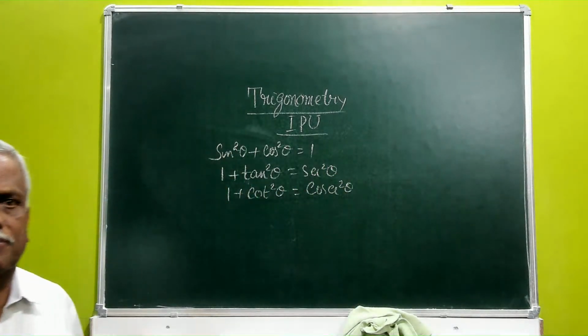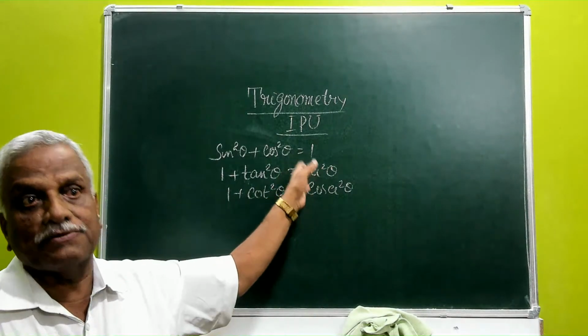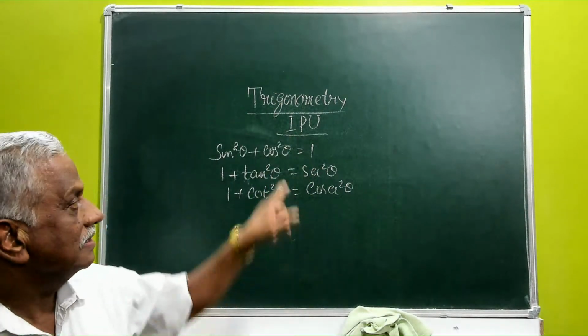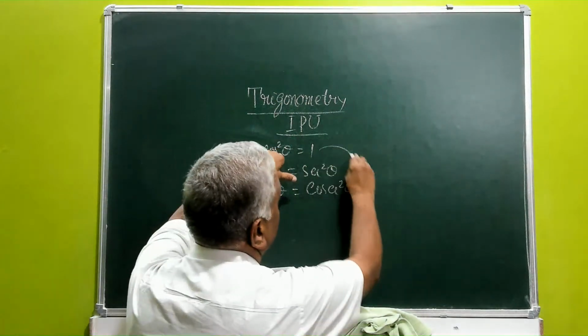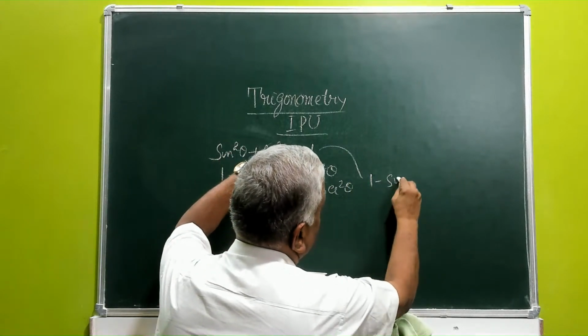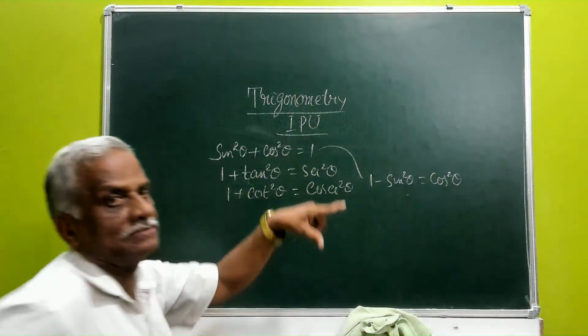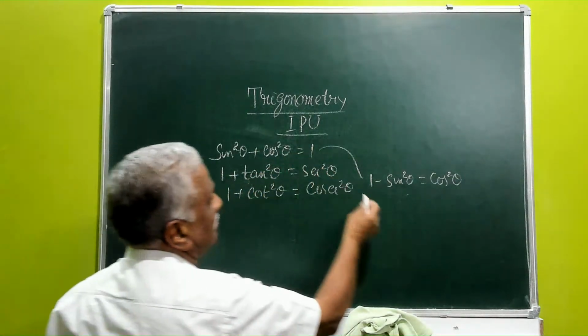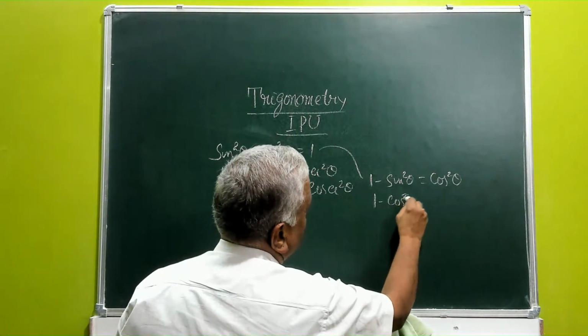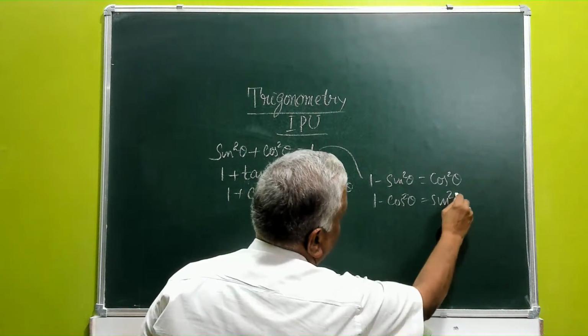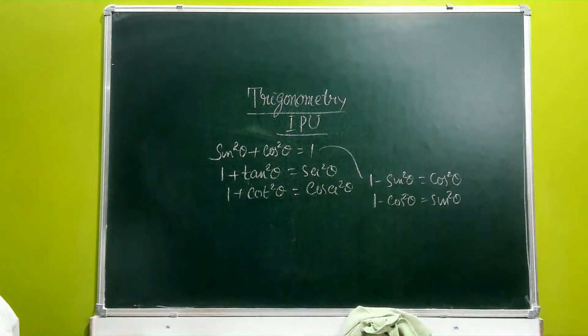These are the three basic formulas. From each one of them, we can write different formulas. For example, I just write for one of them. I can write 1 minus sin square theta is equal to cos square theta, or 1 minus cos square theta. So all these formulas you need to remember.